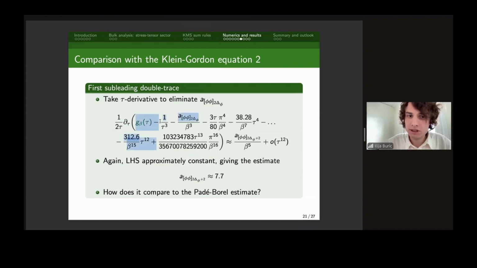So we take again this numerical solution, we subtract the low-lying blocks, and we take the derivative so that this term doesn't contribute. The only block that we didn't subtract was the second double trace operator. So again, the result should be approximately a constant, where now the constant is the second double trace coefficient. When you plot this, you see something that looks like a constant, and the value looks to be 7.7. Now we want to compare this value to the Pade-Borel value that we obtained before.